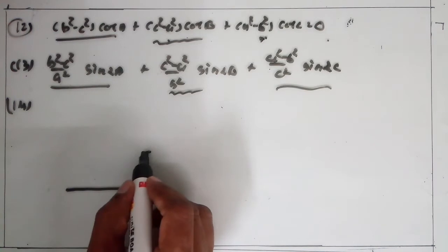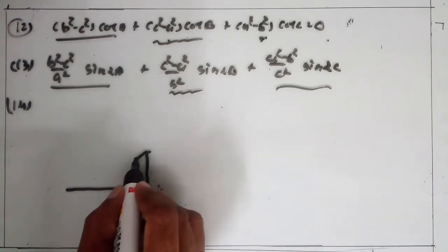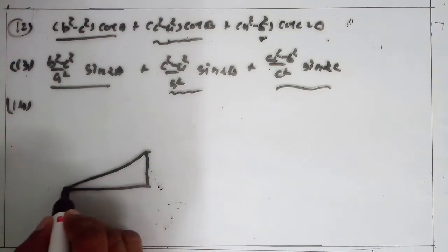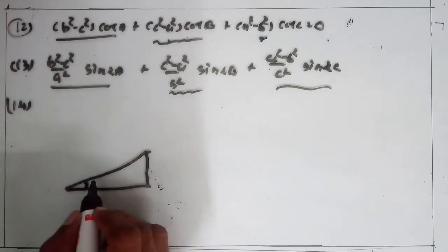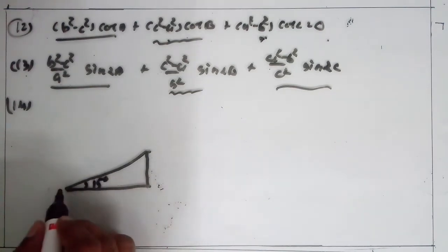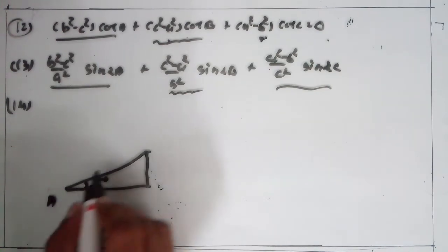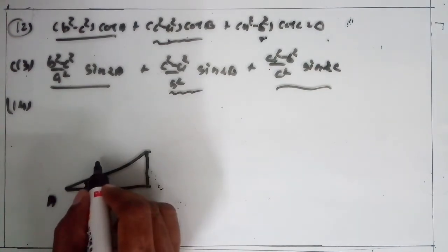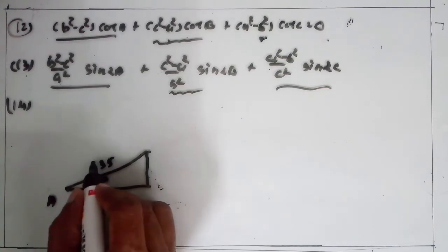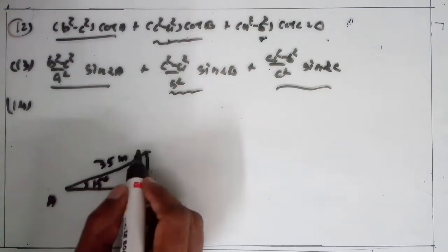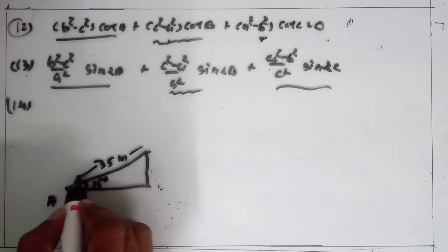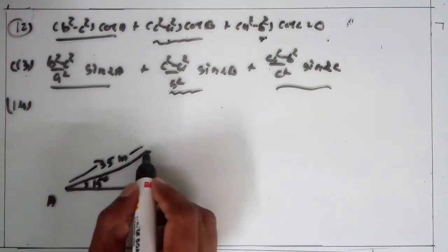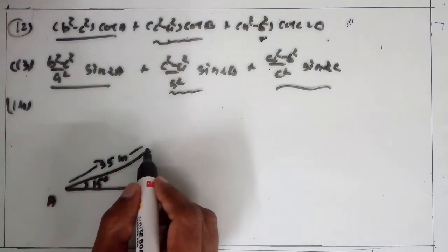There is a tree, and the bottom of the tree makes an angle of 15 degrees at a point, where the point is A, 35 meters from this tree.